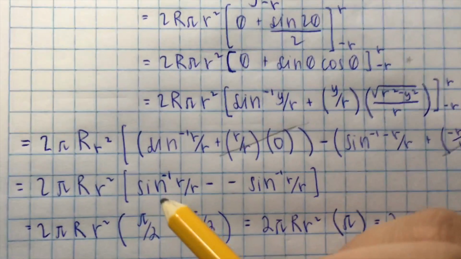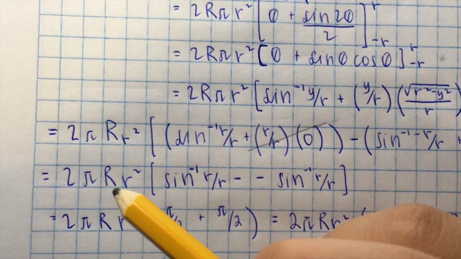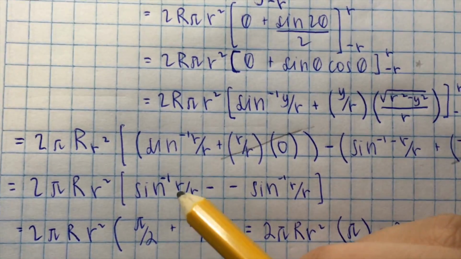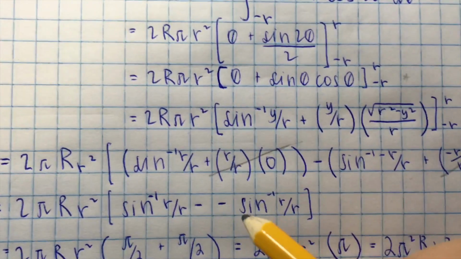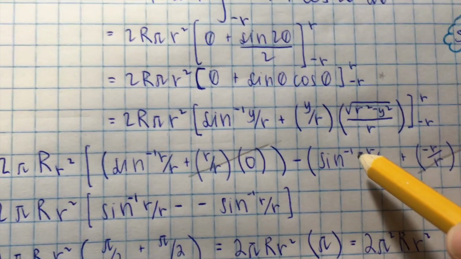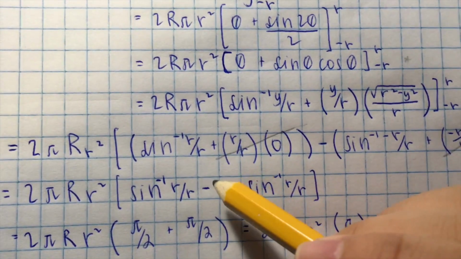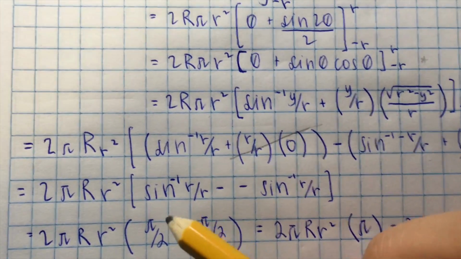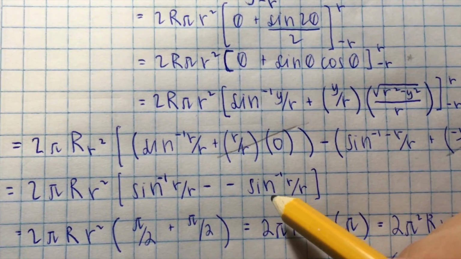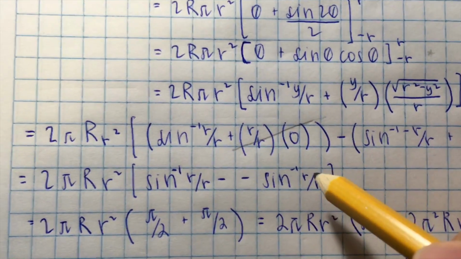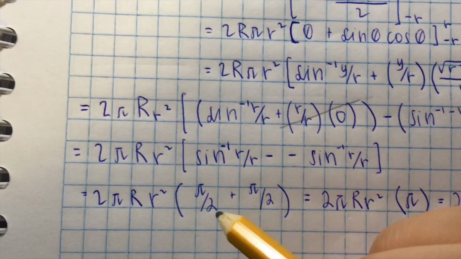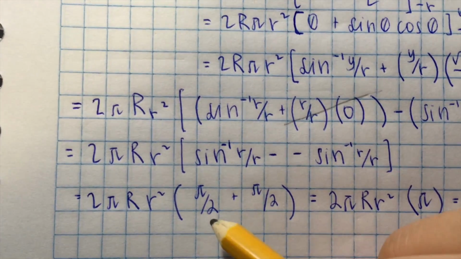So we're left with 2 pi big R little r squared times arc sine of r over r minus arc sine of negative r over r, as this negative would go to the front and this would become addition. So arc sine of r over r is equal to 1, and arc sine of 1 is pi halves.